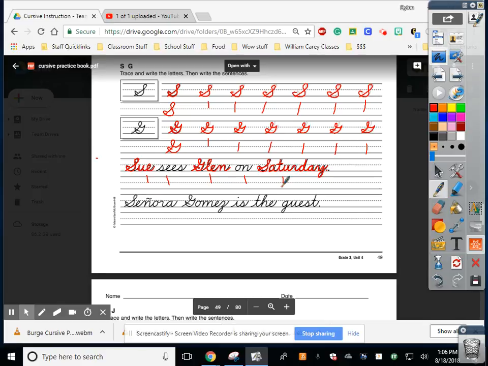So I'm going to actually copy the first 2 words. Actually, I'll copy this whole thing because it's easy. But so you have some practice. Senora, O-R-A. And then do your little accent sign, little curve. Senora Gomez is the guest.